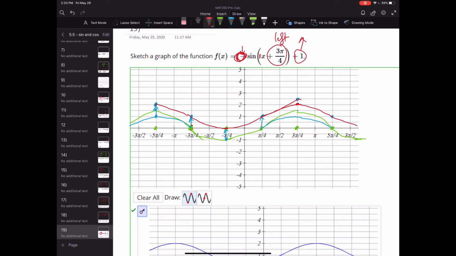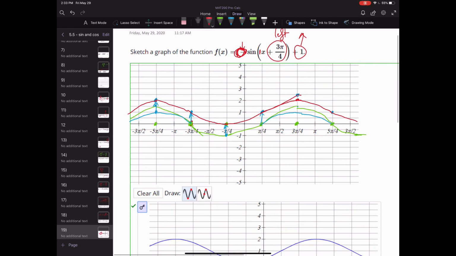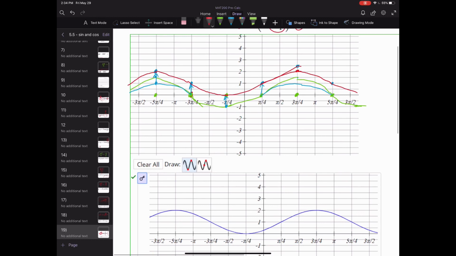Alright, it's like going off in that direction. Since this is turning, it's going off in that direction. So look at the red line. Again, this was not that pretty on paper, but when you do it on the computer, it should be fine.